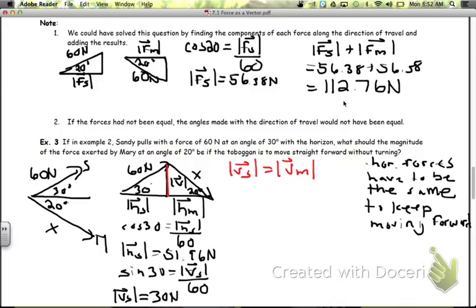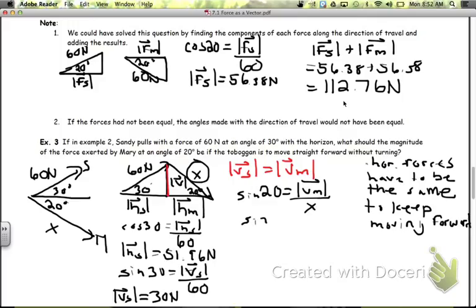Since our vertical forces have to be equal, we know that the vertical force with Mary is also going to be 30. Looking at that, we can use our sine law to find our x here. So sine 20 is going to be equal to the vertical force of Mary, which we know is, sorry, 30, not 20, over x.